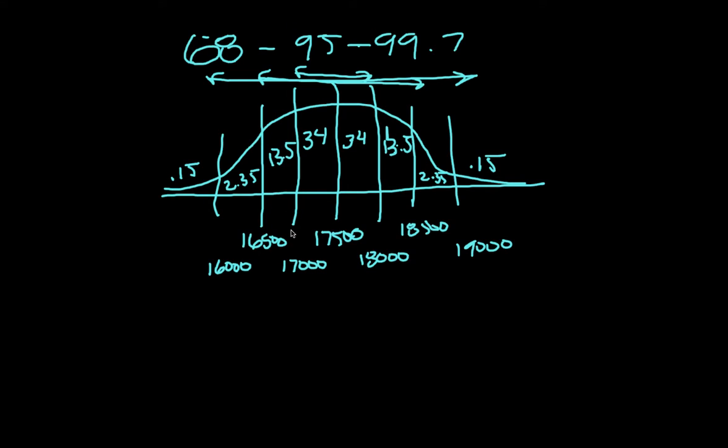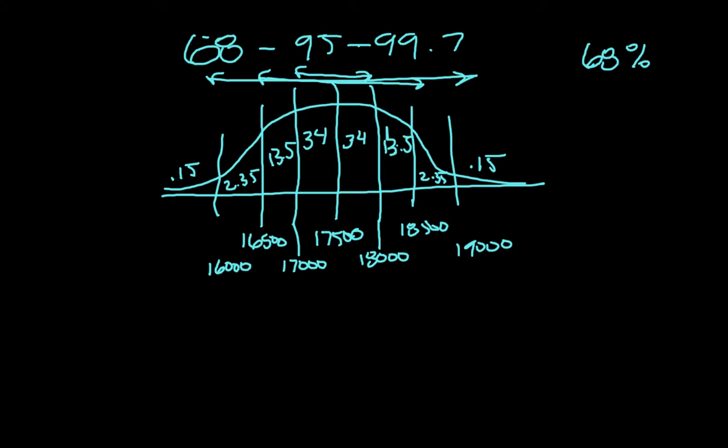I can see that between 17,000 and 18,000 is 68%. It's 34 plus 34. And the story said 10,000 people bought cars.